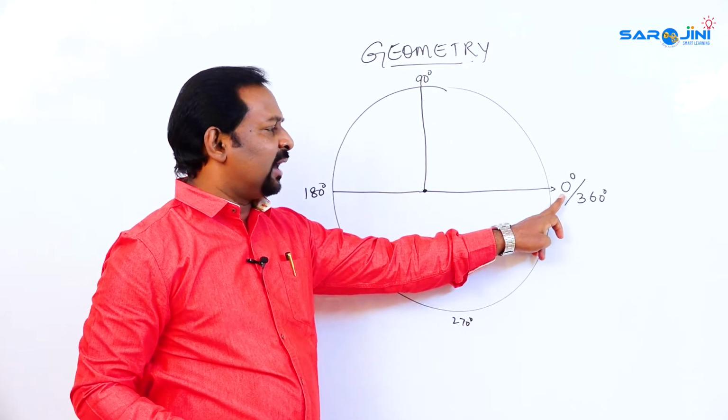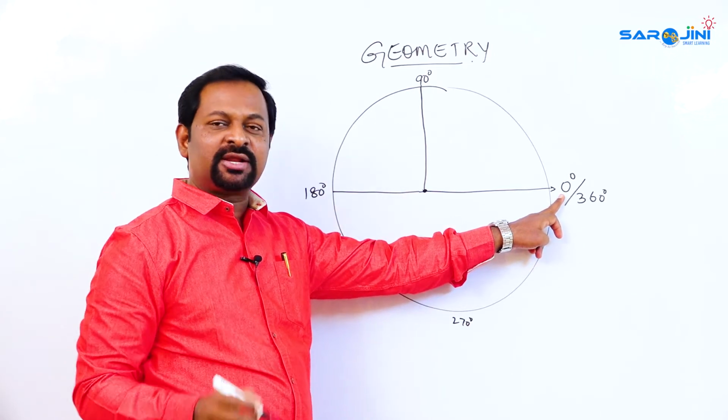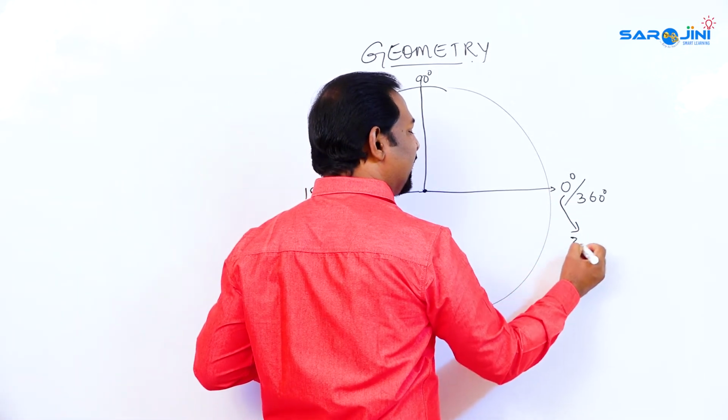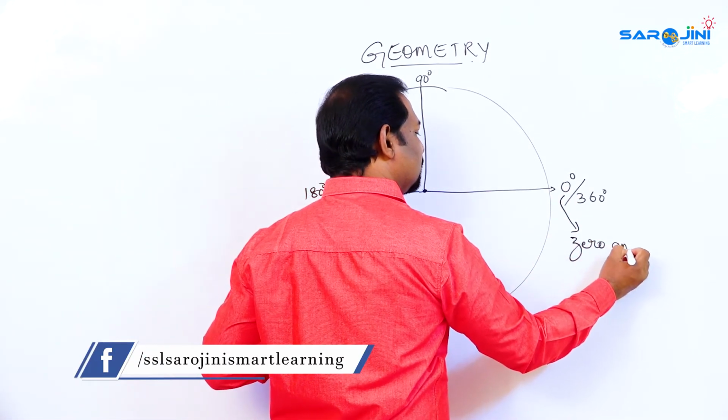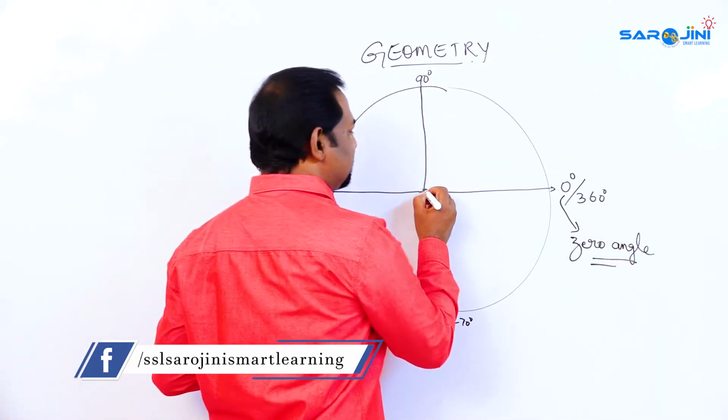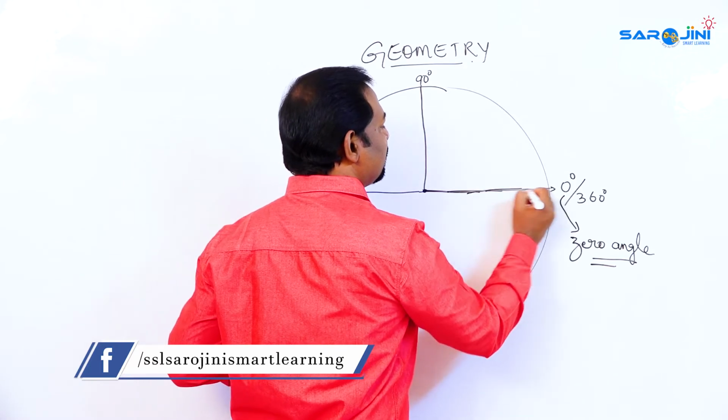If any angle is exactly equal to 0, that is called a 0 angle, because it is the basic point. It's nothing but just 0.